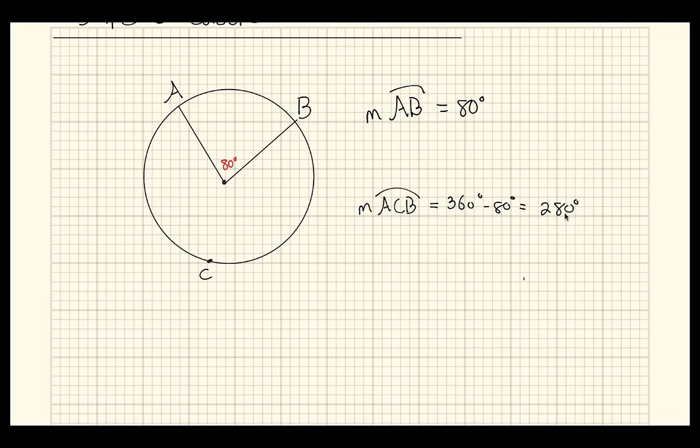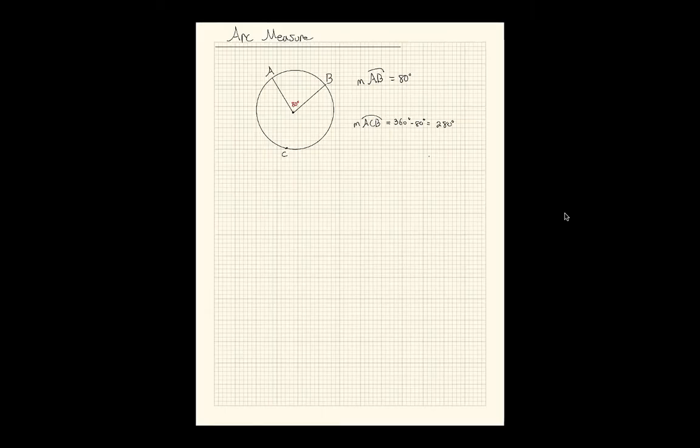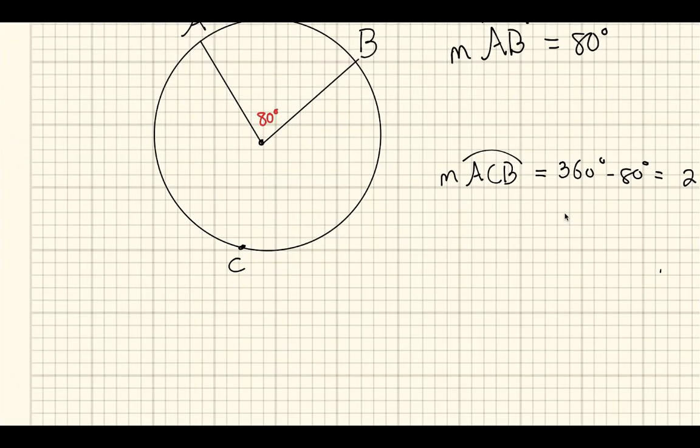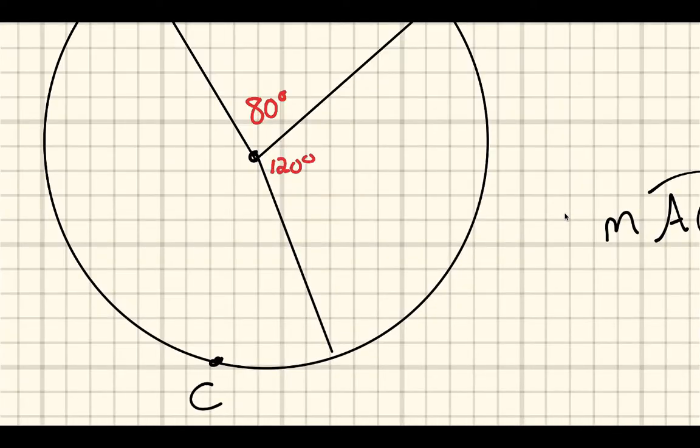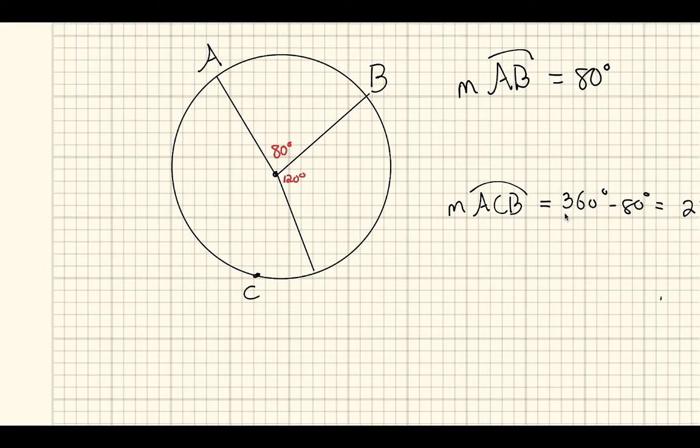Okay, and last thing we're going to do for today's lesson is adding different arcs. So if we wanted to add two arcs, say I had this here, and that there, and we had, let's say 120 degrees. We'll give ourselves another point D here.